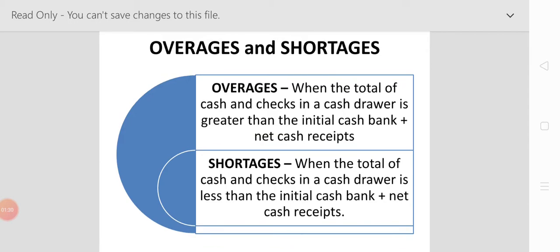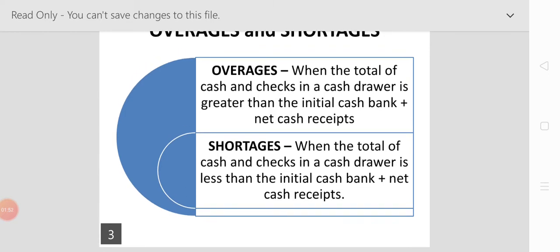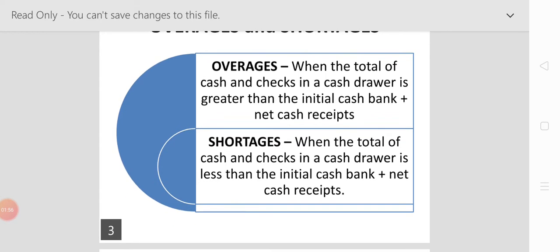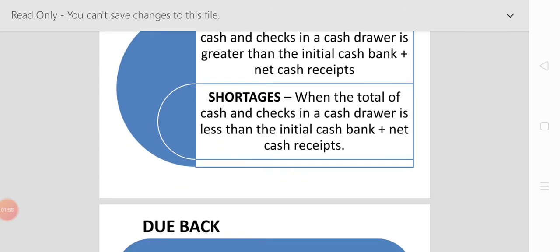Suppose your hotel sold 5 lakh rupees yesterday and the cash bank is 500 rupees, then it will be 5 lakh 500 rupees. But after verifying all the accounts and each and every transaction, you find that it is 5 lakh 450 rupees. It means the 50 rupees is the shortage in your cash bank or the cash drawer.